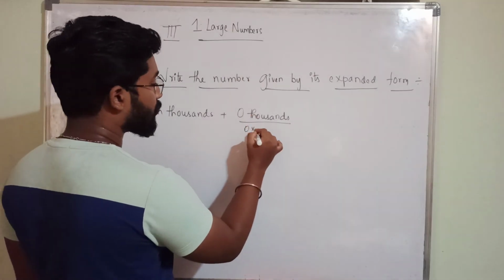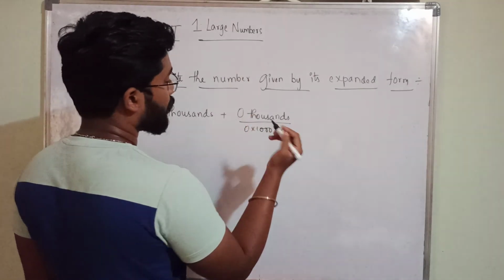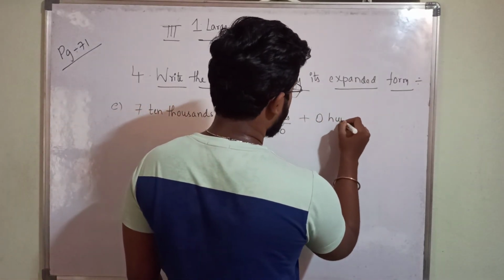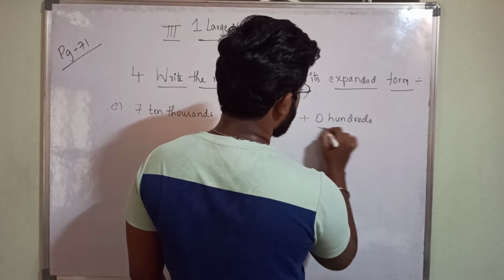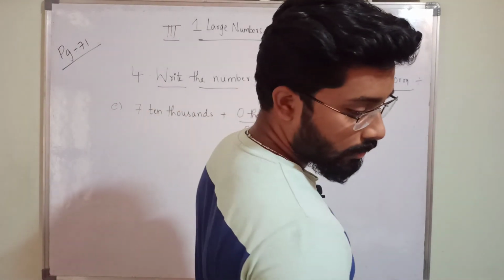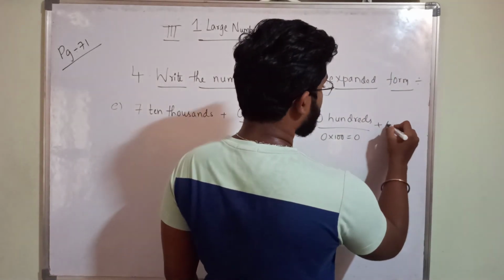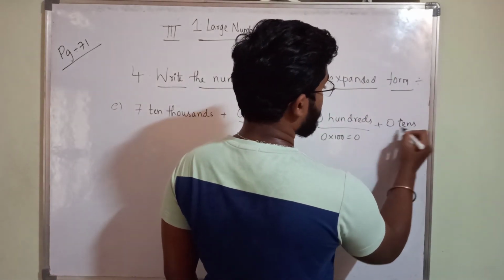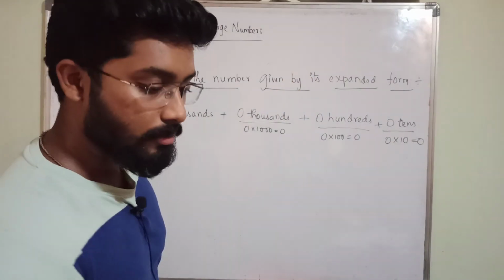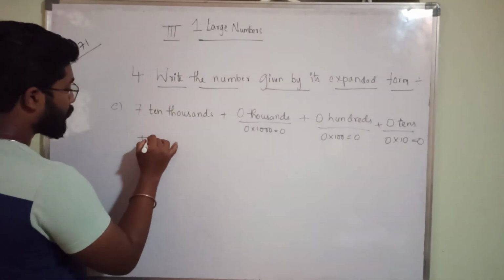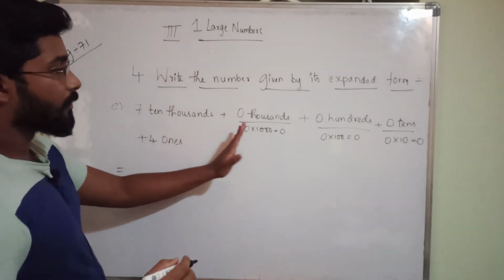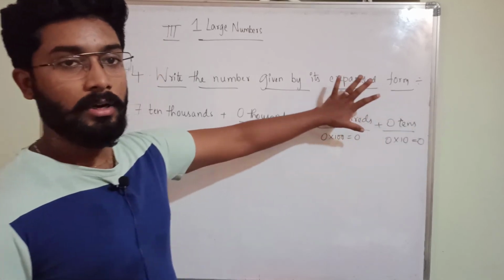Plus 0 hundreds, this is also 0 into something, equal to 0. Plus 0 tens, 0 into 10, how much? 0. Plus 4 ones. These are all 0, so don't count them.